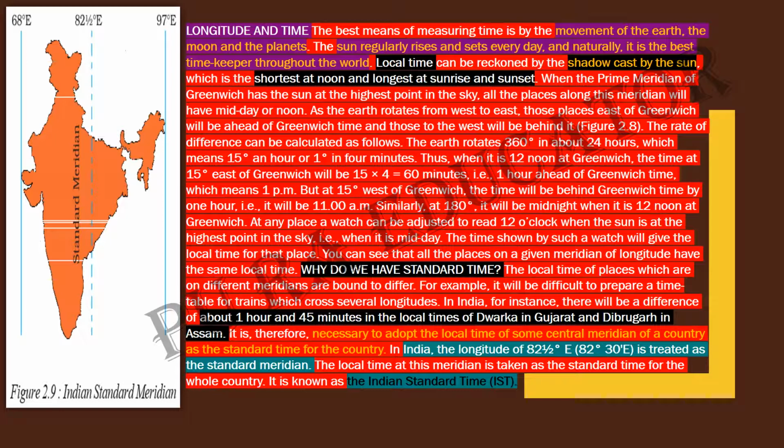So when you take 82.5 degrees east as the standard meridian, then the time will be the same throughout the country. Then it will be very easy for us to travel by train, because we have to follow only one timing and do not have to change our clocks. So friends, here I have completed this slide. Let's see in the other slide what we are getting.